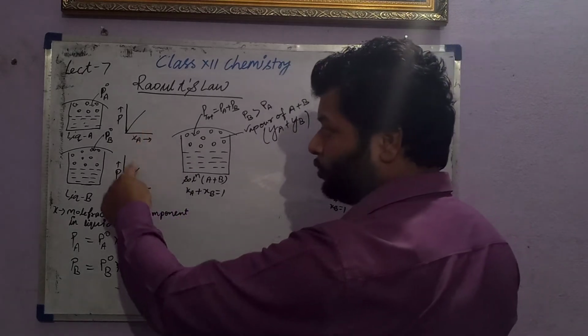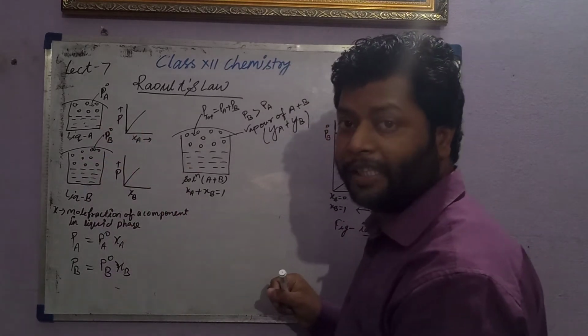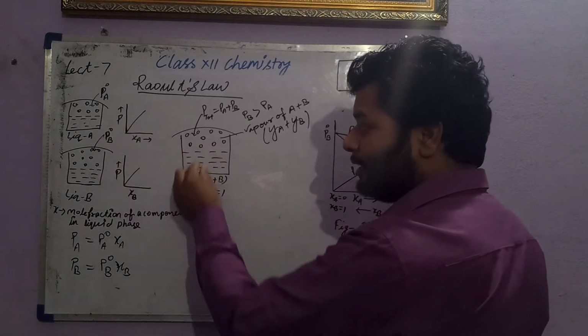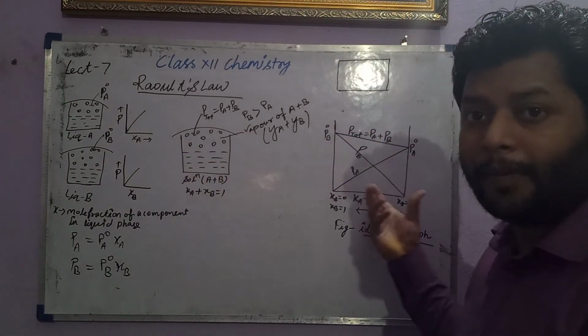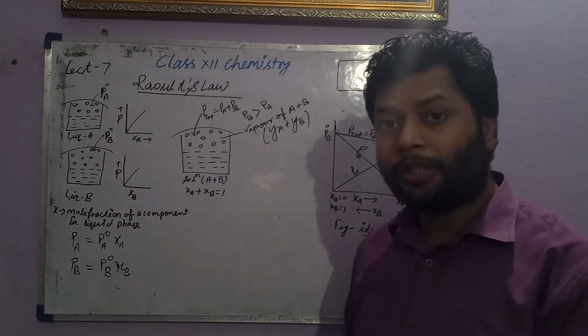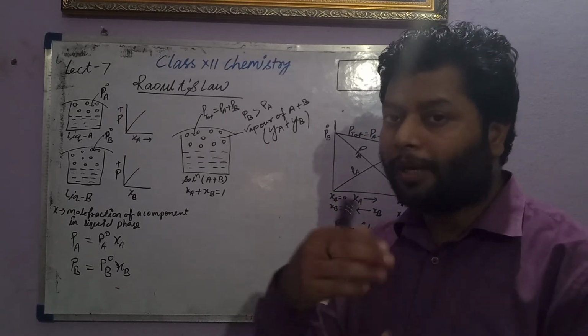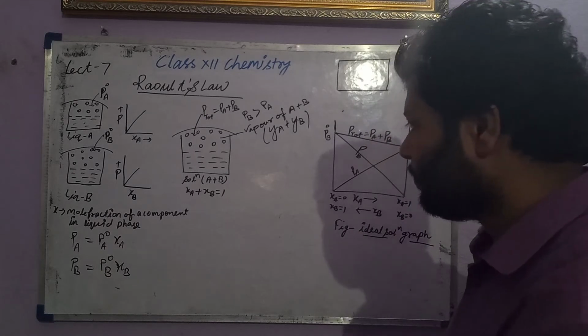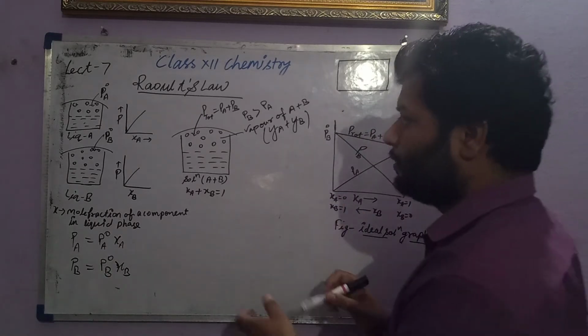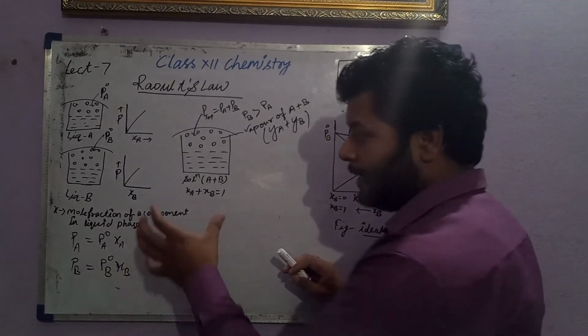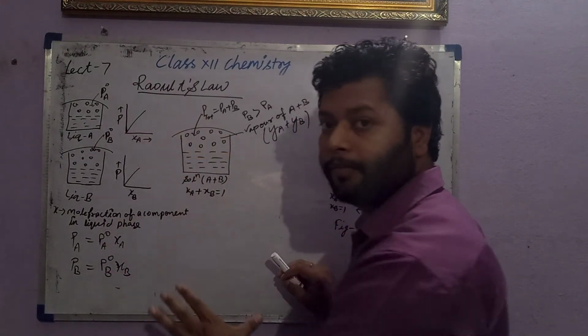But when these two different components mix together to make a solution, we have a mixed graph also that I have to explain here, which we'll learn after some time. First, clear this thing.